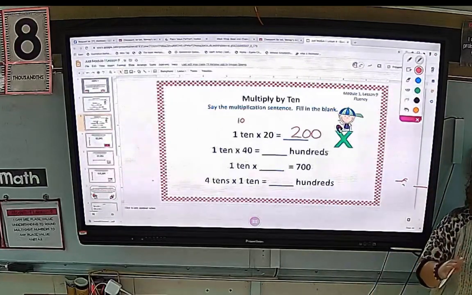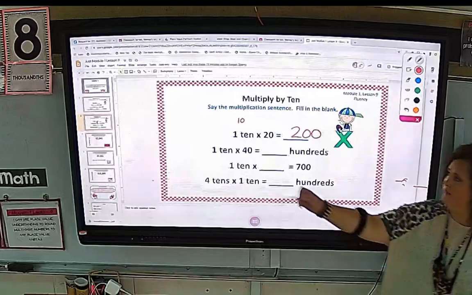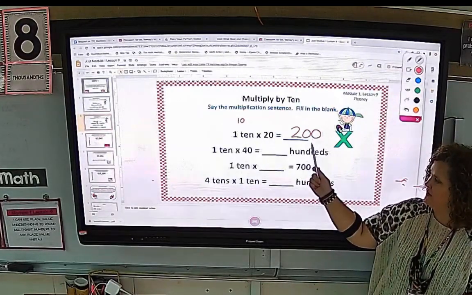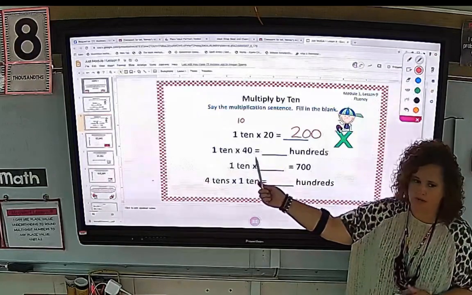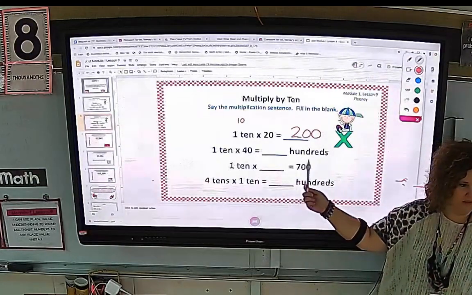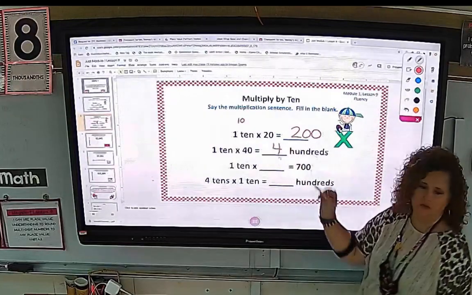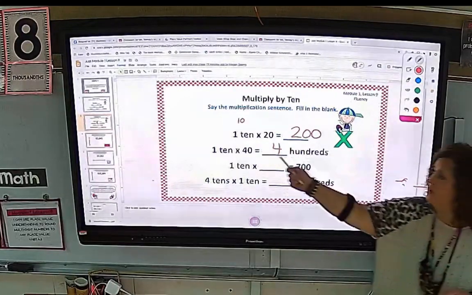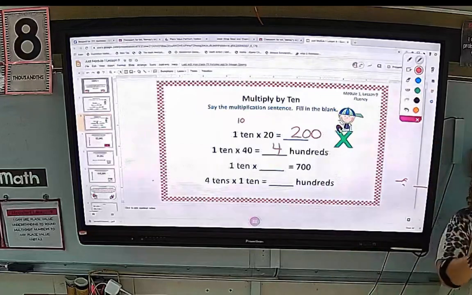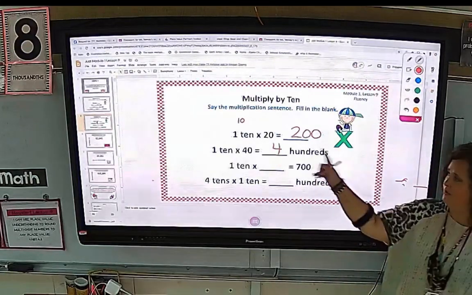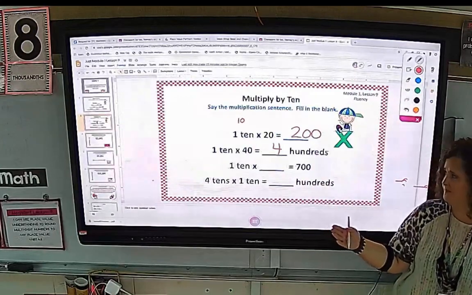Okay, so let's follow the pattern that we're seeing. If 1 ten times 20 is 200, 1 ten times 40 is 400. Okay, so we would write it this way with the words 400s, because 400s is the same as 400. One is with words, with units, and one is with just digits.